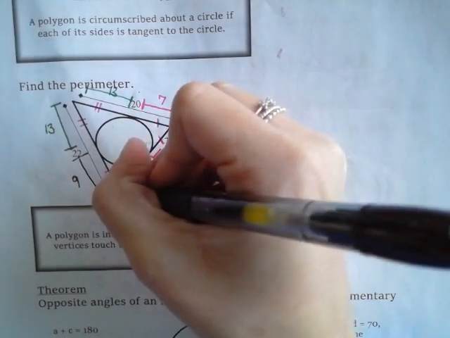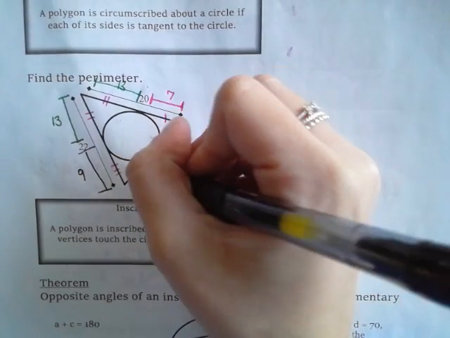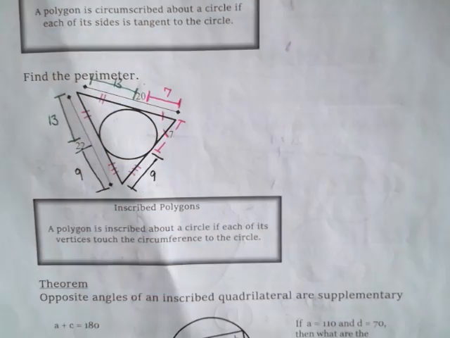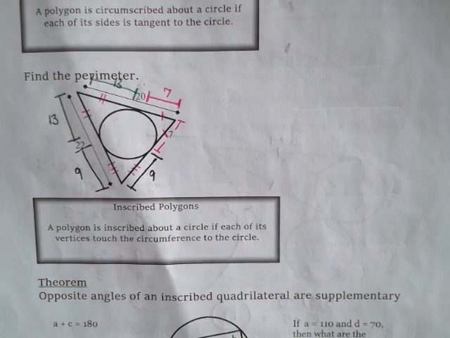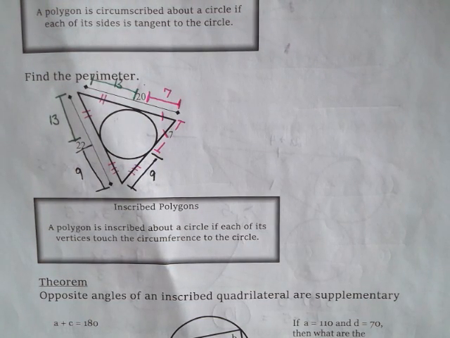And that tells us that from the edge of our triangle to where the circle touches there, we have 9 units. So each corner of the triangle matches up. It's sort of like if you tried to have 3 people create a triangle with their feet and stand in a circle. Each person's set of feet would be a little bit different sized, but we can add them all up to get our perimeter.